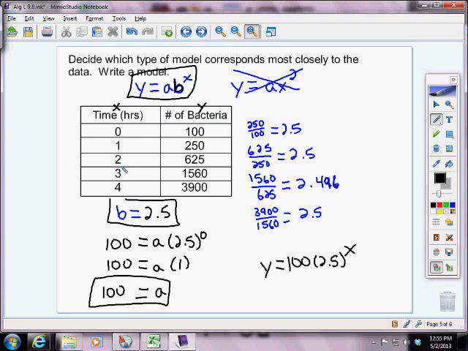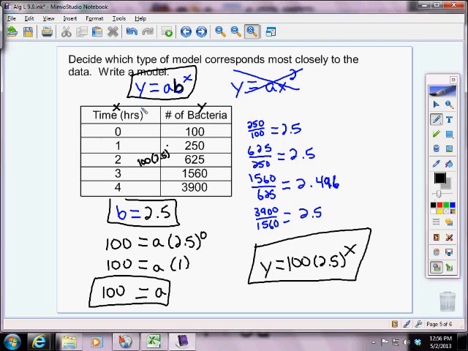So for example, if I plugged in 2, if I grabbed my calculator and said 100 times 2.5 raised to the second, I would get 625. If I tried it with 3, raising it to the third, I would get 1,562.5. Again, not exact, but really, really close. So we can say that this model represents this set of data.